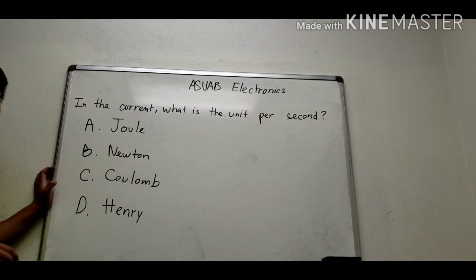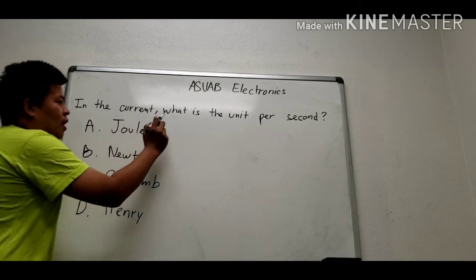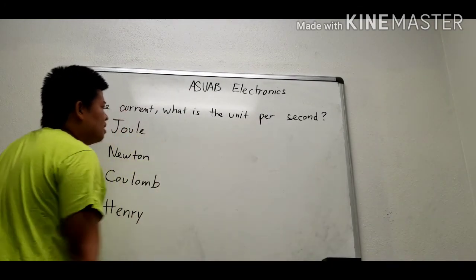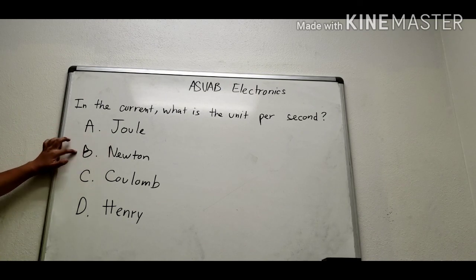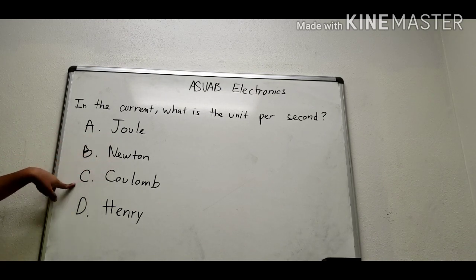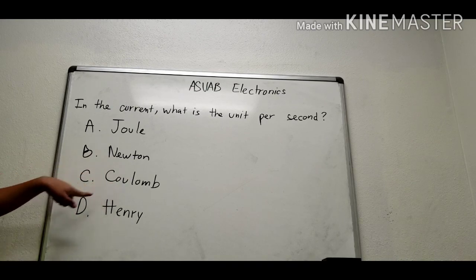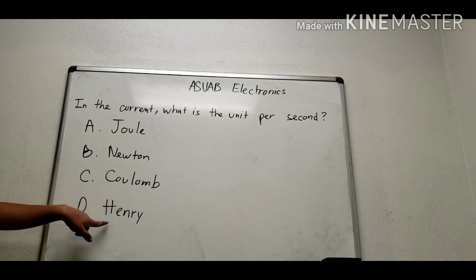On the test, they will ask about the current, what is the unit per second? So we have A is joule, B is Newton, C is Coulomb, and D is Henry.